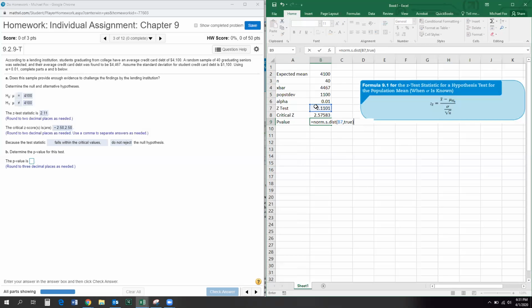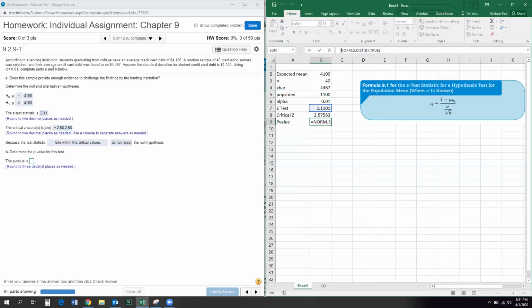What this will do is return the probability of getting less than a z-score of 2.11, which is going to be quite high. So I need the probability of getting greater than 2.11 or less than negative 2.11, because this is two-tailed. So my p-value is going to be 1 minus this amount times 2. If it were a one-tailed test, it would just be 1 minus this amount.